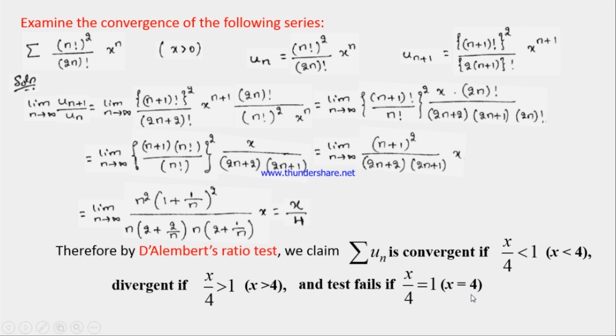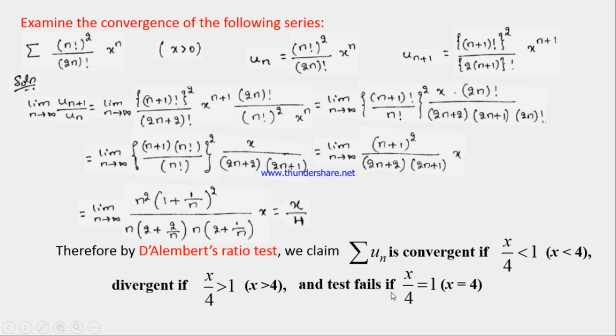So since the method is very simple here, identification itself is very important for us. We need to identify whether the Cauchy's root test is applicable for the given un. If it is possible, use Cauchy's root test. If your un is not in the form of f of n power g of n, then directly go for D'Alembert's ratio test.